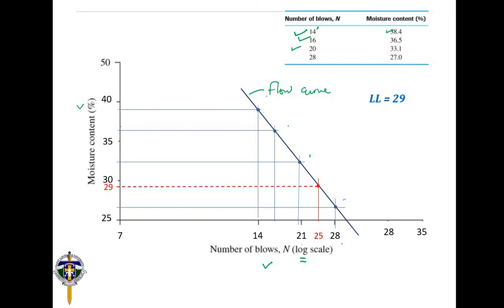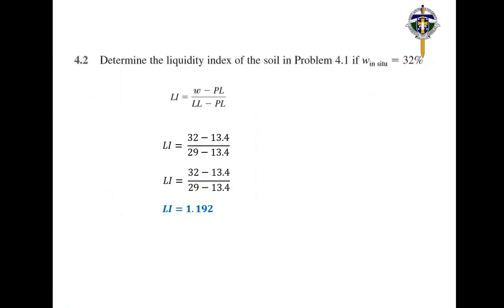The next question is to get the plasticity index. The plasticity index is equal to the liquid limit minus the plastic limit. The plastic limit is given. So PI is equal to 29 minus 13.5. PI is simply 15.6. Next is to determine the liquidity index of the soil in the previous problem, given that the moisture content in situ, or in its original state, is 32%.